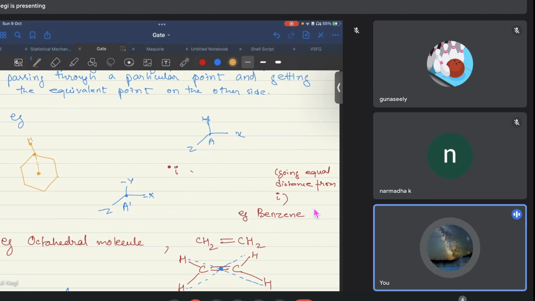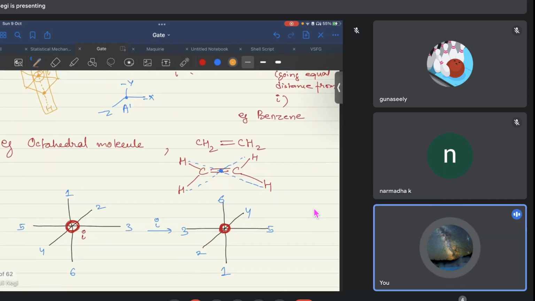Both the hydrogen and carbon get reflected and are at equal distance, and that is why this particular point is the center of symmetry i. And not only this, but for the whole molecule I can go from this particular point and have the same point reflected at an equal distance, and that is why we call it a center of symmetry.